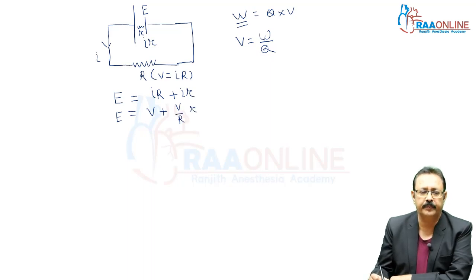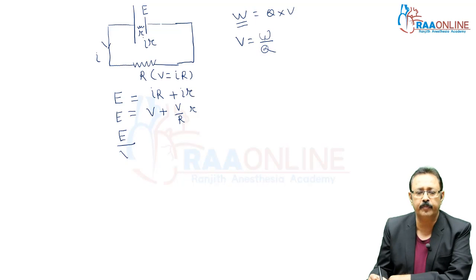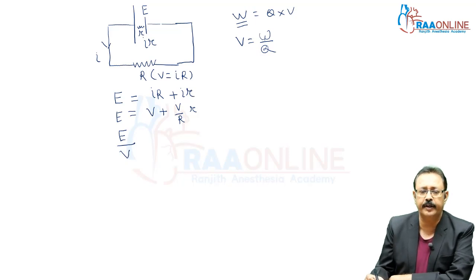Take V common. In so many years you are getting this type of numerical: E upon V. Take V common and send it to that side. It will become 1. Take this 1 to that side. It is R by R. So we are getting direct numericals on this formula.